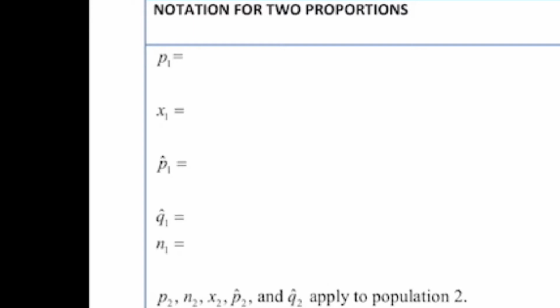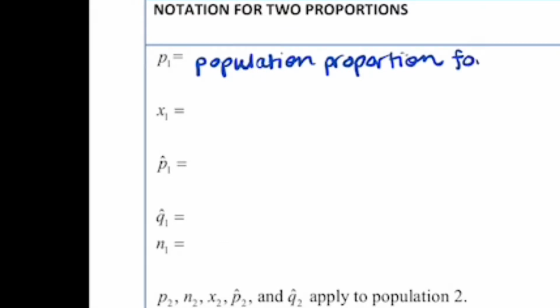Notation, all right? So notation for two proportions. P1 is the population proportion for population 1.